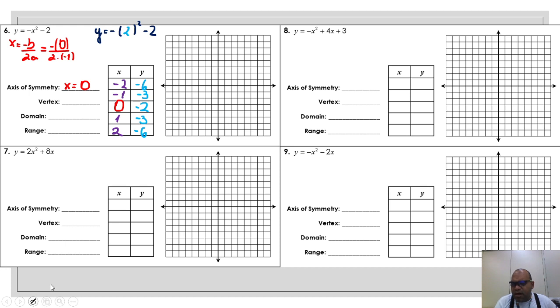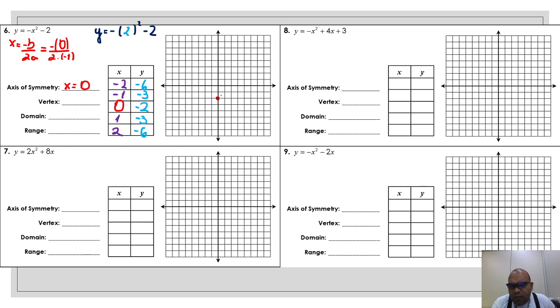Let me plot the graph right now. The first point is 0 and negative 2. The second point I need to plot is 1 and negative 3.